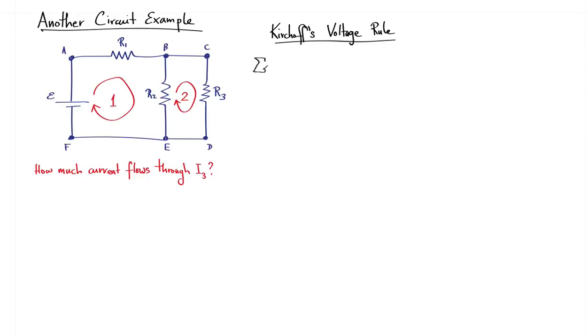Then we're going to say that the sum of the voltages around loop 1, this first loop here, is just going to be V from, we'll start at F, so we'll go from F to A, and then from A to B, then from B to E, then from E to F. That is a closed loop because we started at F and we ended at F. And so the sum of the voltages around that loop is 0.